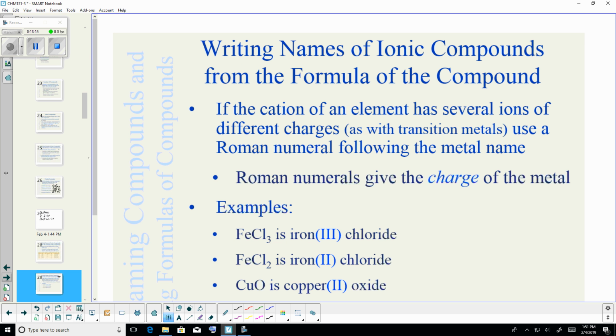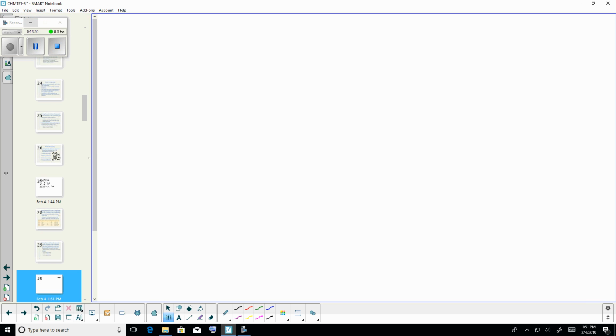Now, the transition, yes. Well, let me go here. Column 14, which is actually 4A.